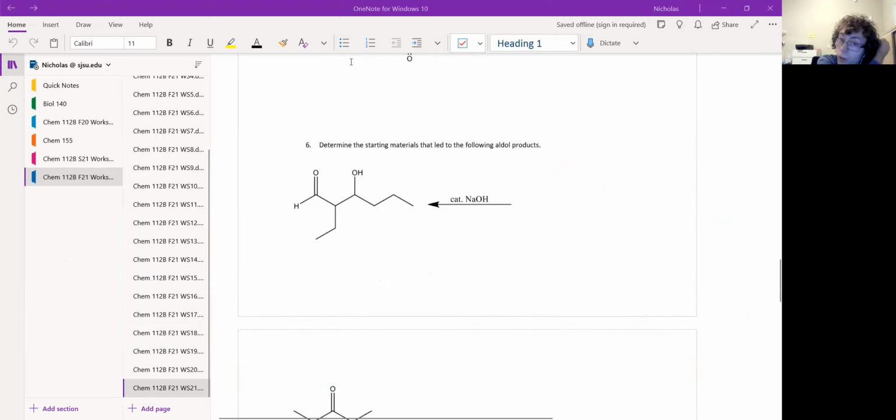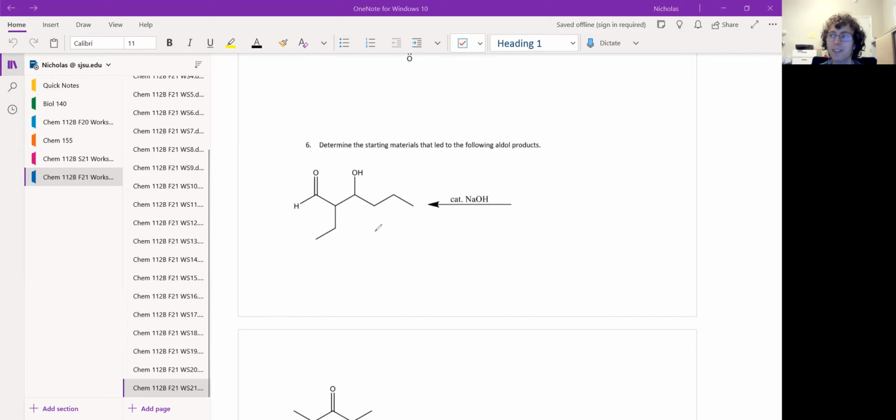Here, I'm giving you products that are from aldol reactions, and I'm asking you to figure out what the starting materials were that you used to make them. I don't know if you would be given a question exactly like this on an exam, but even if you're not, being able to figure out what you used to make a product is the thinking you need to do synthesis.